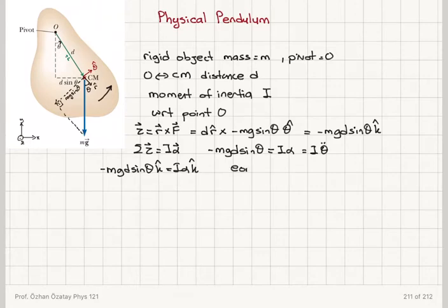Okay, and what is alpha? Alpha is the angular acceleration. It is the second derivative of angle with respect to time, theta double dot.